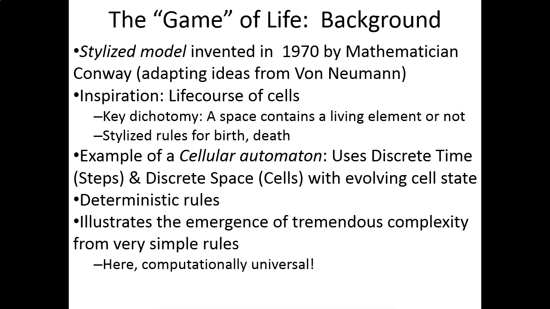Whether this agent is in this state right now, and for how long they've been in that state. That's part of the current state, ladies and gentlemen, of the model. So system dynamics, agent-based modeling. Cellular automata is an example of agent-based modeling. The change depends on the current state of the system.